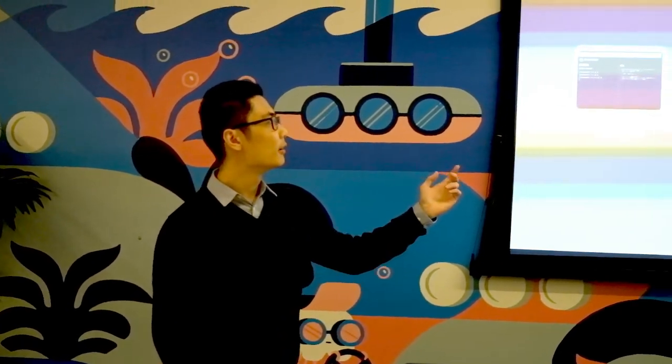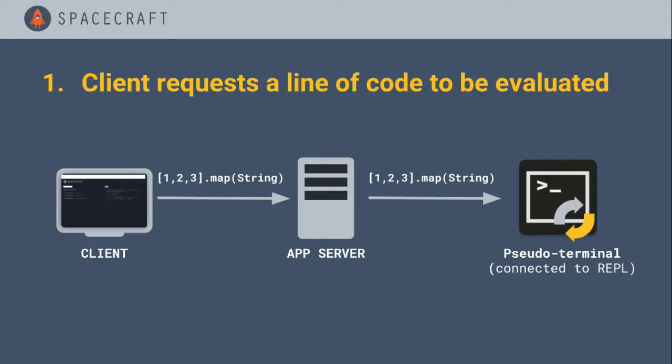So we're going to go through quickly how output is synchronized among clients. As usual, the client requests a line of code to be evaluated, right? So the line of code goes to a pseudo-terminal, and this is just little snippets of code in our project.